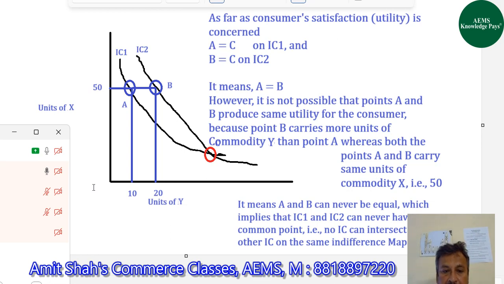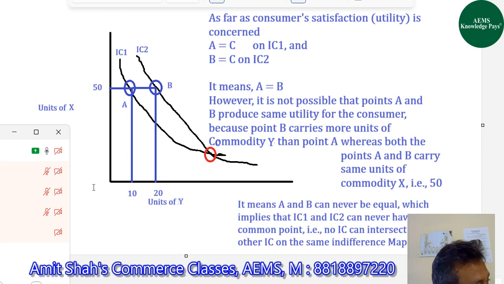Certainly, guys, it is point B because point B carries more units of commodity Y. As far as commodity X is concerned, both points A and B carry the same units of commodity X, that is 50 units. What I'm trying to explain is that consumers always get more utility from that basket which contains more units.